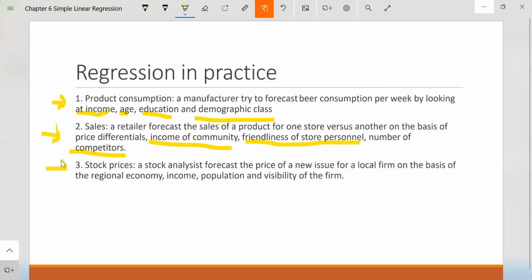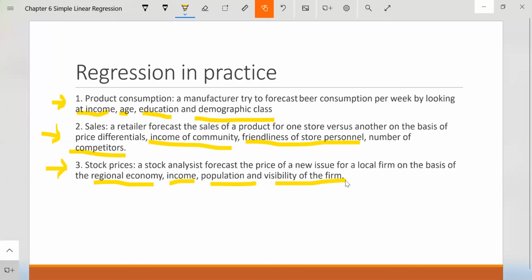And finally, it could be a situation where we have a new issue of stock and someone needs to determine the pricing. What will be the appropriate price? And we know that depends on a couple of factors, including the regional economy, the income, population, visibility of the firm, among others.